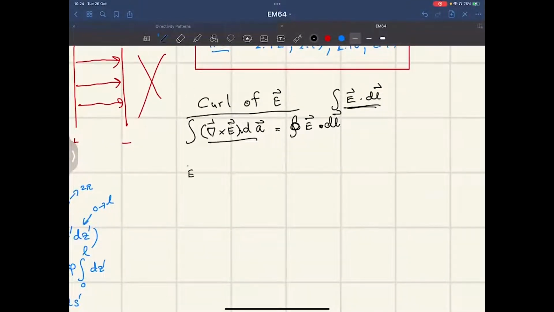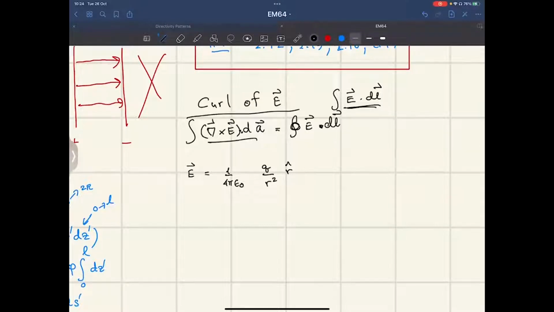For the simplest form of electric field, E is equal to 1 over 4 pi epsilon naught Q divided by R square, in the R direction, right? This is the simplest form of electric field, the electric field from a point charge Q. Any questions?